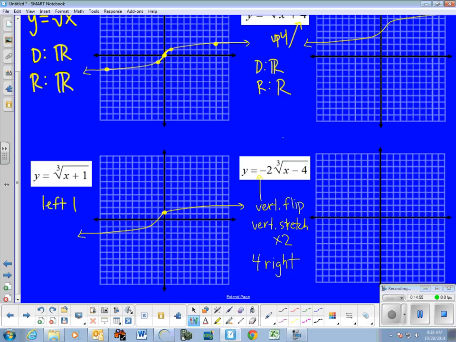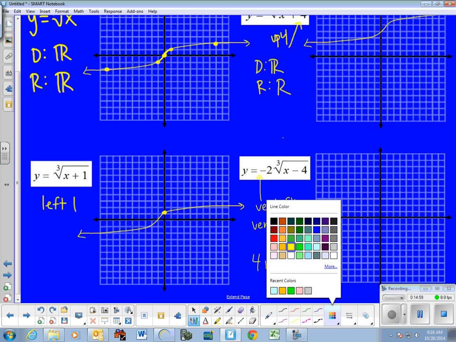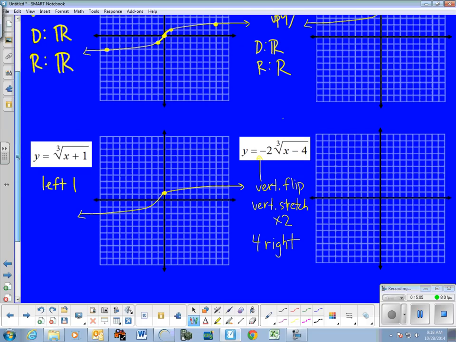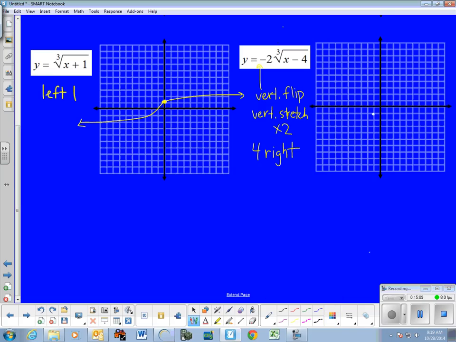All right, so let's take the original graph of cube root. Remember, we just drew it a minute ago. 8, 2, negative 8, negative 2.